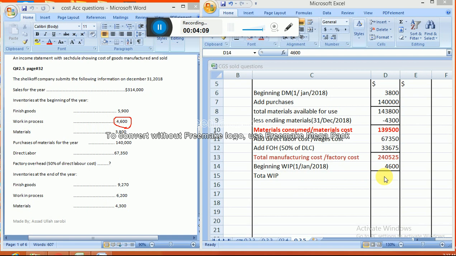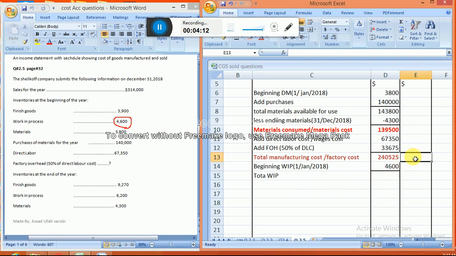Clear? I will just write here so that your mind is clarified. This is 2018, and this is the remaining of 2017. Similarly, this material is of 2017, and these are the materials of 2018. Clear?